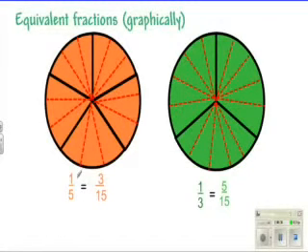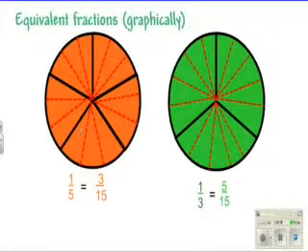But comparing something like fifths to thirds gets a little bit more complicated. In fact, what we end up doing is cutting the pieces smaller until we find a slice that matches. We can take fifths and cut them into 3 pieces each and come up with 15ths.